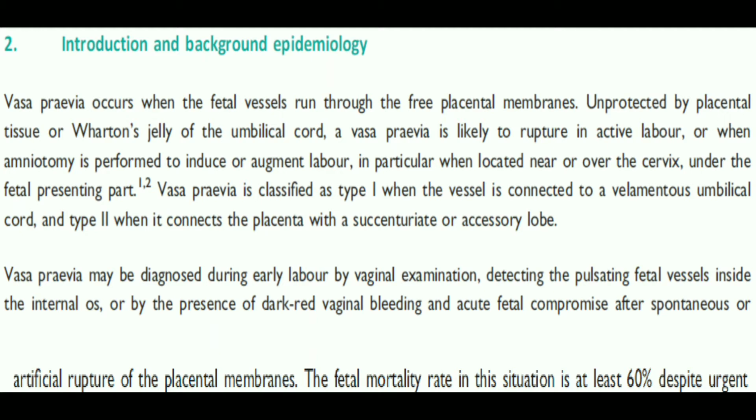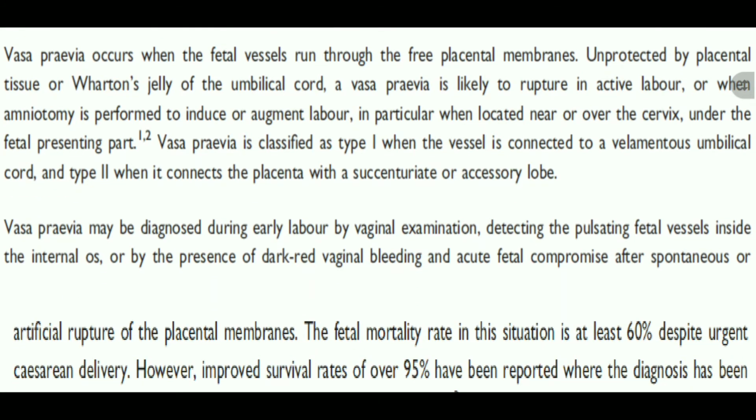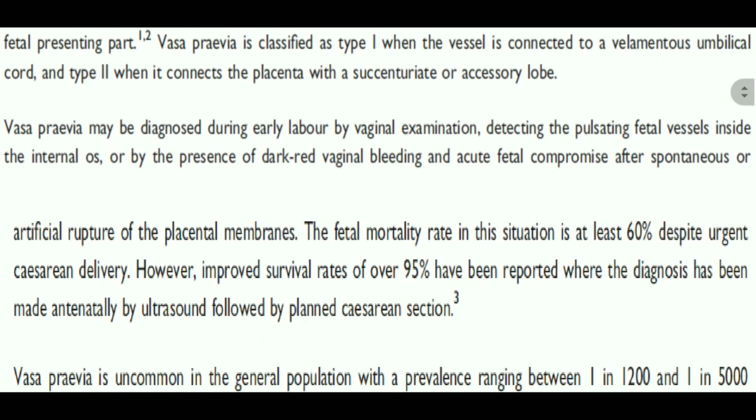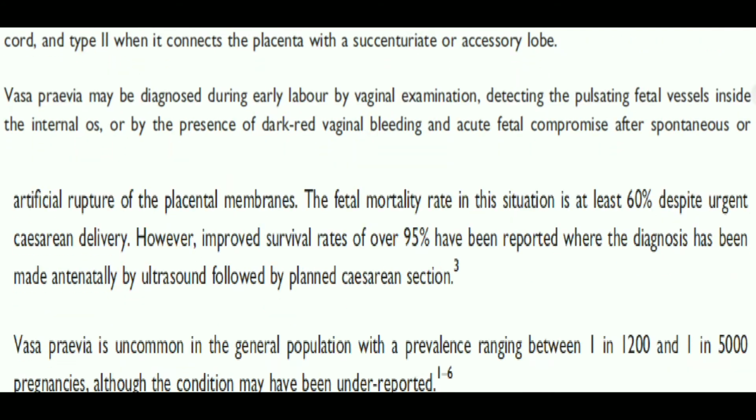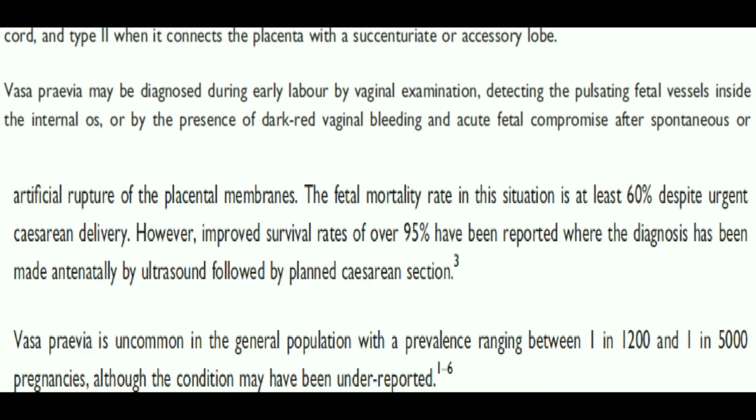Okay. Now, Vasa Previa, how is it diagnosed? Vasa Previa may be diagnosed during early labor by vaginal examination, detecting the pulsating fetal vessels inside the internal os, or by the presence of dark red vaginal bleeding and acute fetal compromise after spontaneous or artificial rupture of placental membrane.